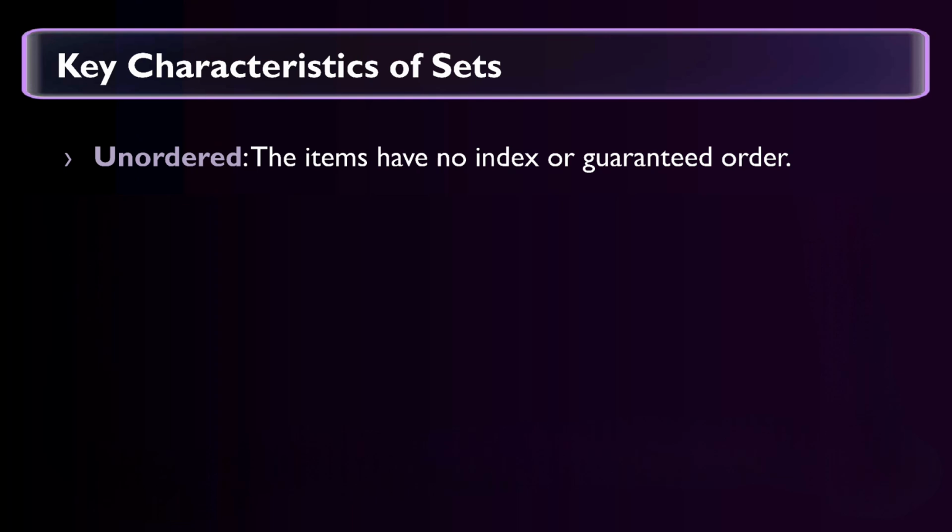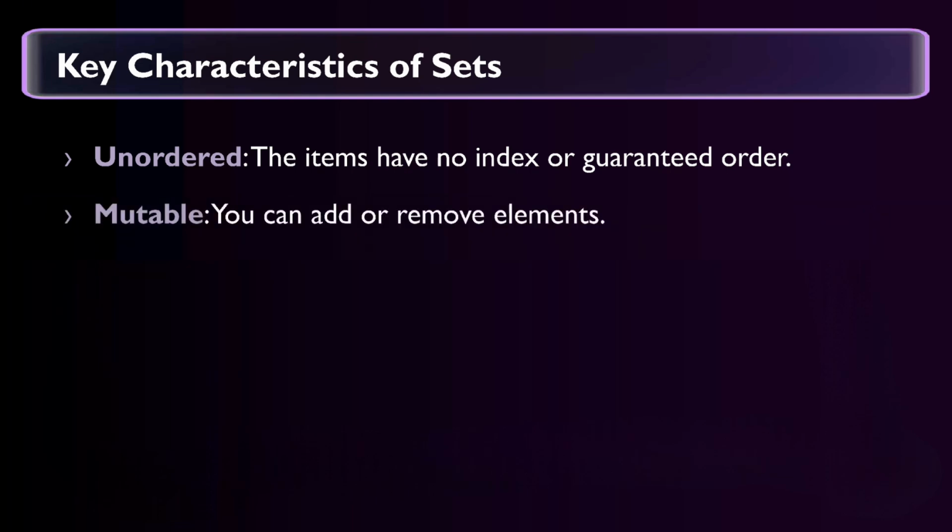So, if order matters, sets might not be the right choice. Second, sets are mutable. You can add new elements to a set or remove existing ones using built-in methods like add, update, or remove. This makes sets flexible and dynamic. We will also discuss various built-in methods later in this session.